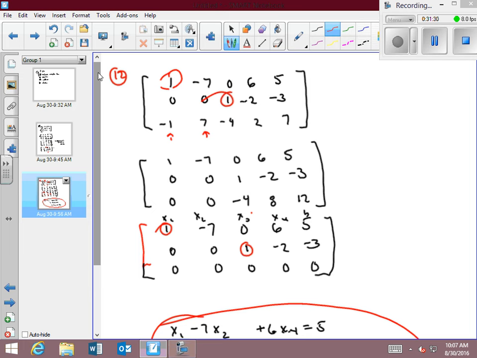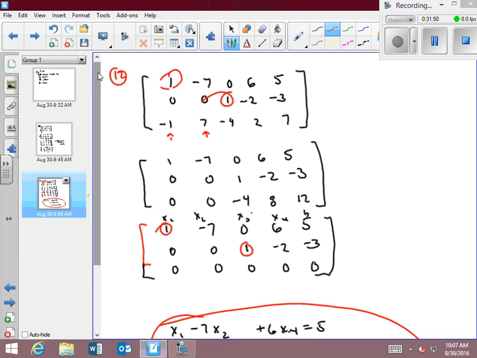How about B? Would you have a free variable there? That x2 would be free, wouldn't it?